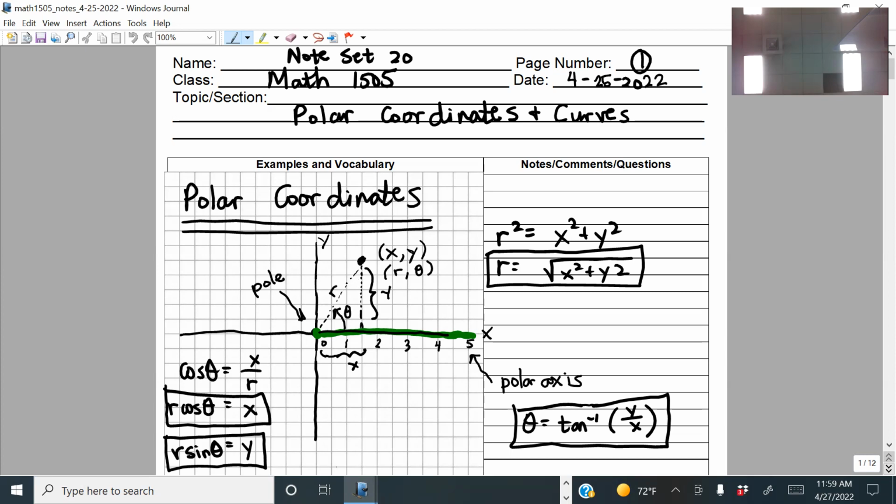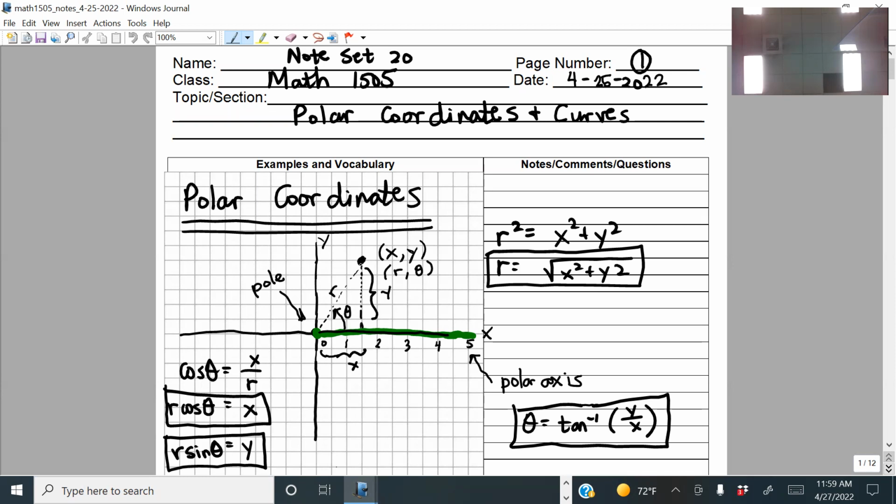Now once you've drawn that dashed line, of course, you've created an angle between your polar axis and this line you've drawn from the pole to your point. That angle has a measure, and I'm going to call that measure theta. Here it looks like theta is maybe 60 degrees or something like that. In radians, 60 degrees is pi over 3.